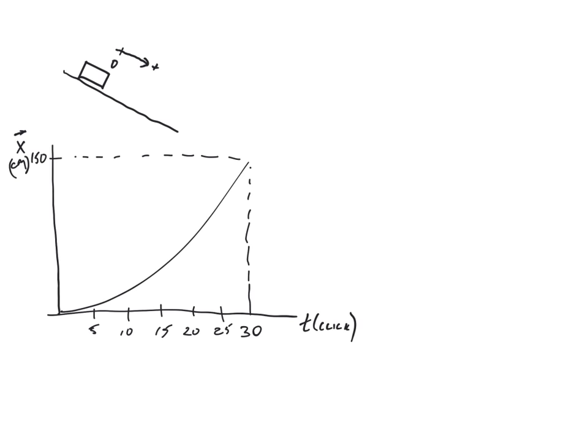So now that I've put some numbers on this graph, what I want you to do is see if you can tell me, over the 30 click time interval from beginning to end for this puck, what was the average velocity? Hopefully, you remember that average velocity is defined as the slope of a position time graph.